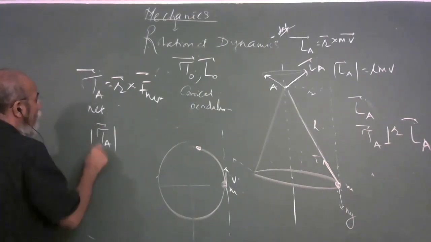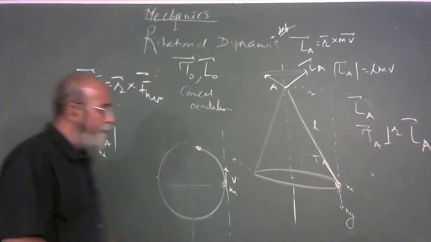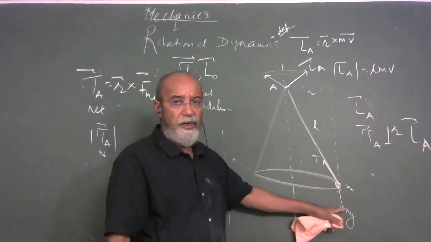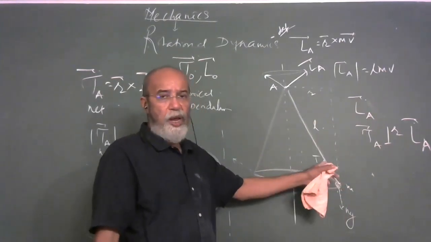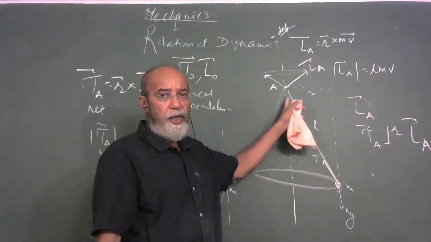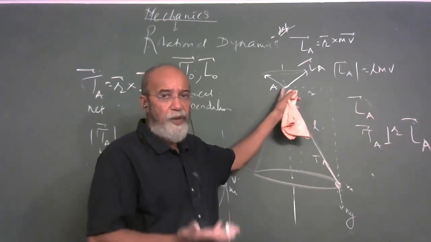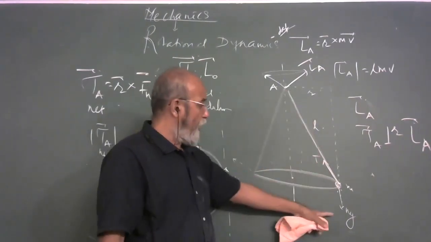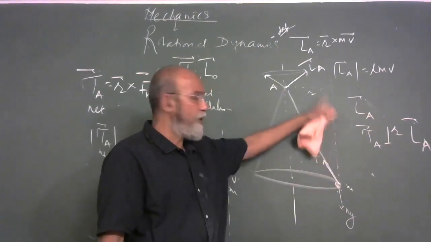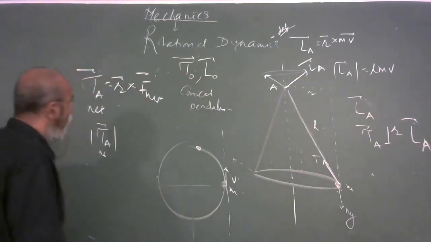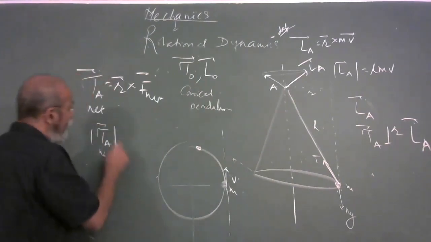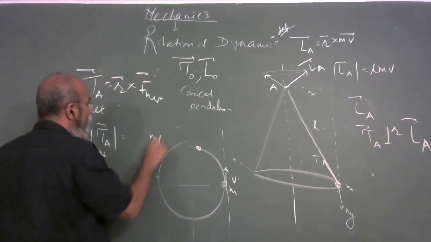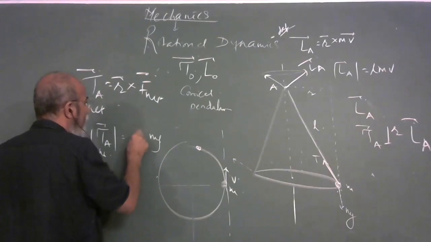Since the only force left is this, it becomes the net force, because the tension goes through the point about which we are finding the torque and so becomes zero. The magnitude is given by m, g, and r. The perpendicular distance is r.